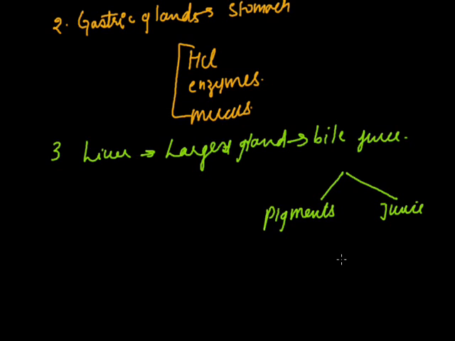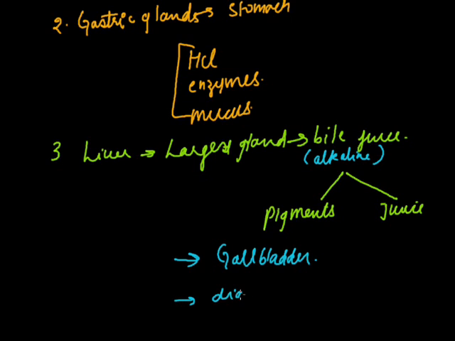Now it is alkaline in nature. It means it is having a pH more than 7, and this is temporarily stored in gallbladder, and this bile juice helps in the digestion and absorption of fats.